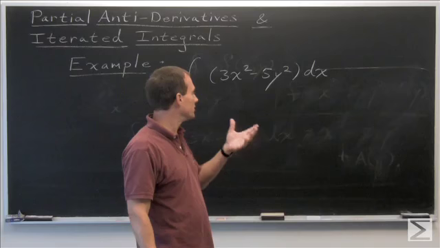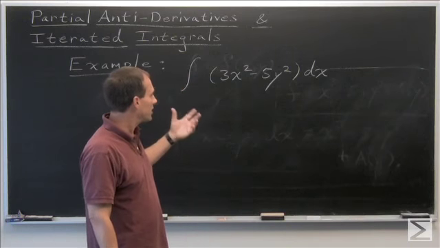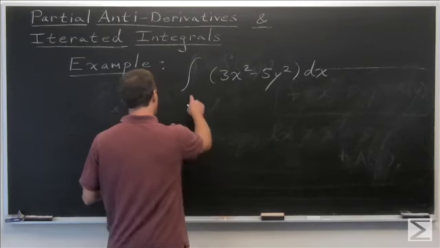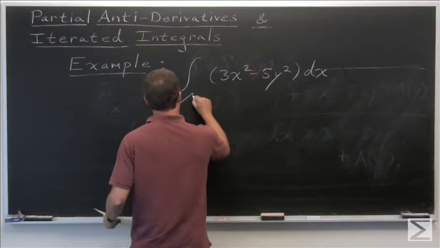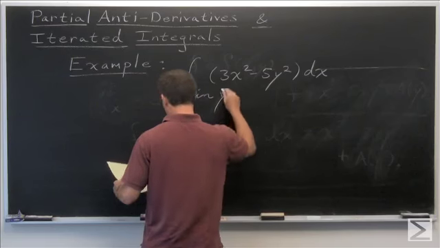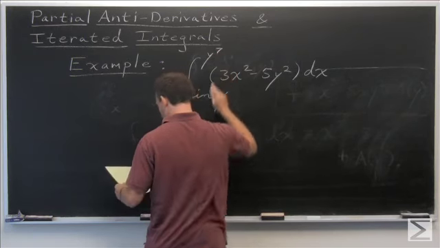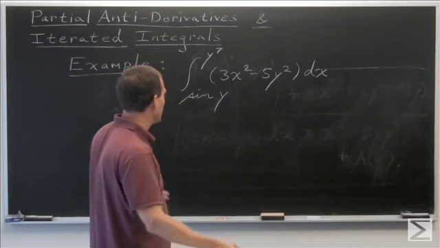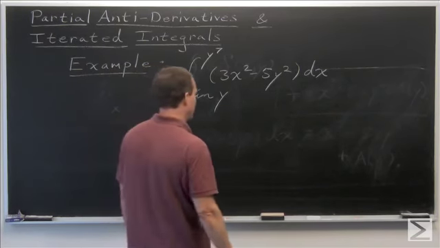They just need to be constants as far as x is concerned to have a reasonable definite integral. But that means they could be functions of y. So for instance, we could have the sine of y here, and y raised to the 7th power. Right?